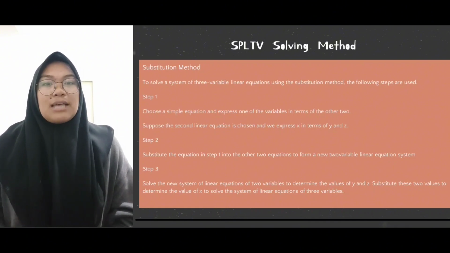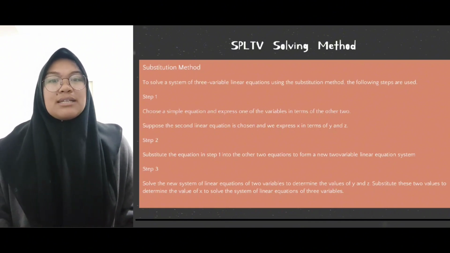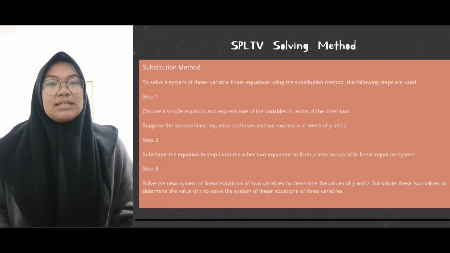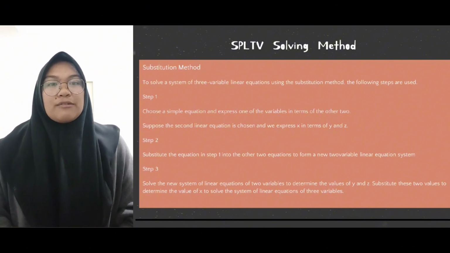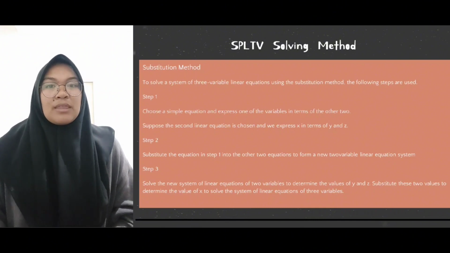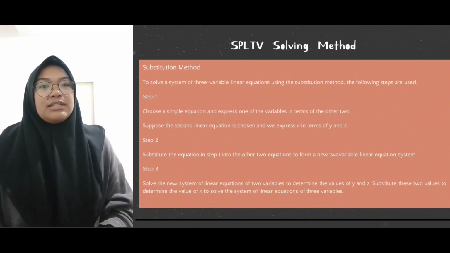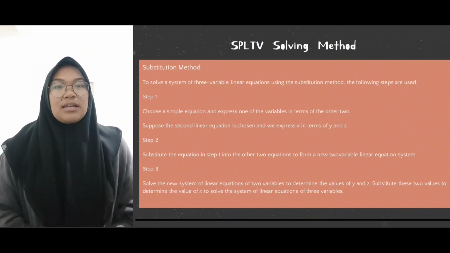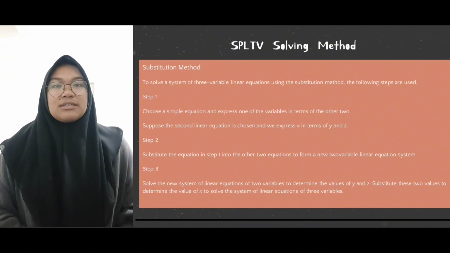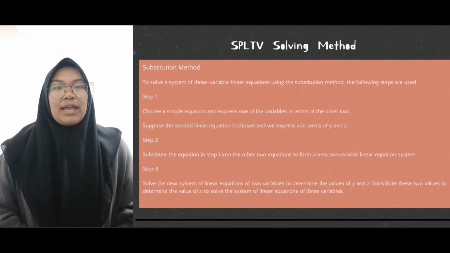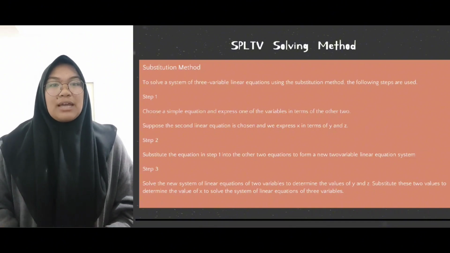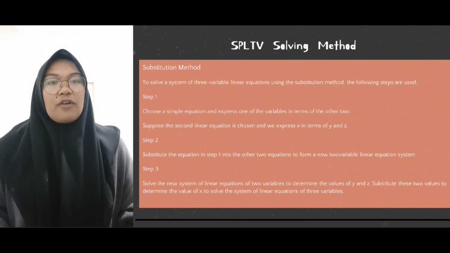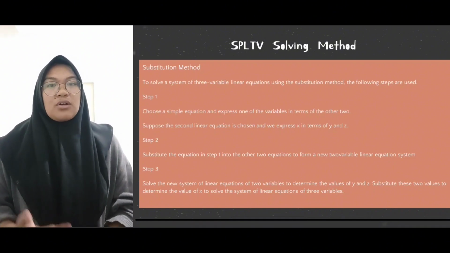Step 2. Substitute the equation from step 1 into the other two equations to form a new system of two-variable linear equations. Step 3. Solve the new system of two-variable linear equations to determine the values of y and z. Substitute these two variables to determine the value of x.